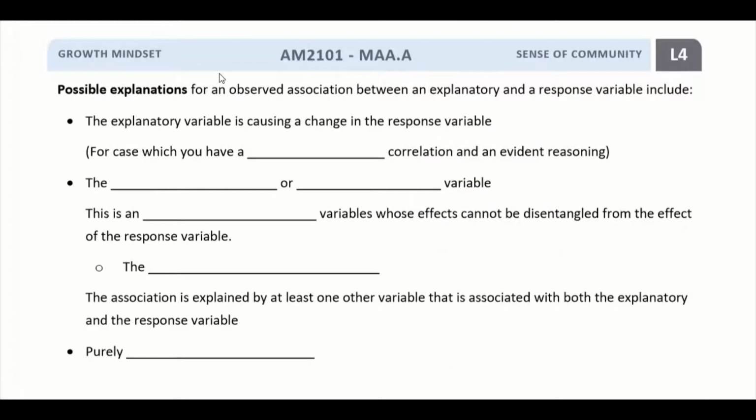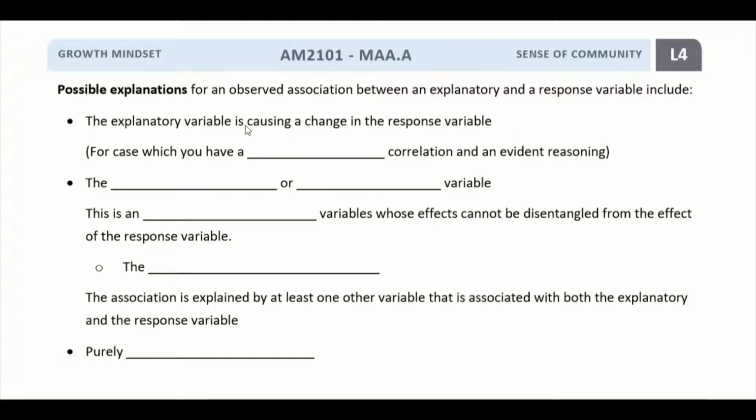Alright, so this is a general list of possible explanations when there is an association. Please remember that if the question requires you to make a justification, or it contributes more marks, then the justification or reason that you give should be a much more specific one, not just the general idea where you stop there.